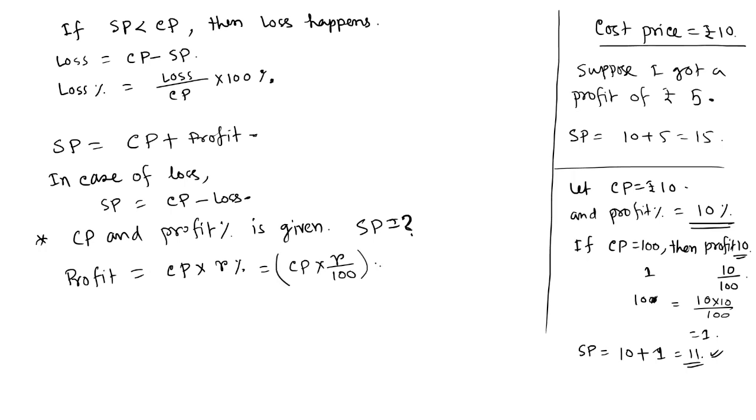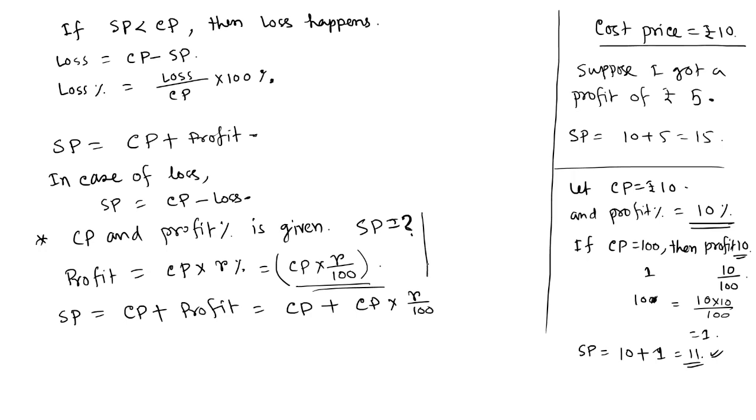And therefore, the SP would be CP plus the profit, and the profit is CP into R by 100. So, R is the percent of profit.